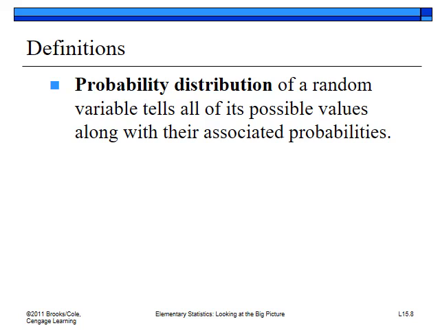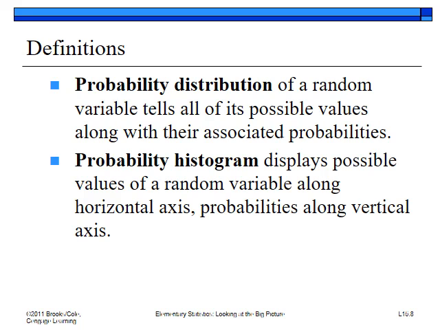The probability distribution of a random variable tells all of its possible values along with the probabilities of each value occurring. We'll often depict probability distributions using a probability histogram, which displays the probability distribution in a way that looks like a bar chart or a histogram, depending on if the variable is discrete or continuous.